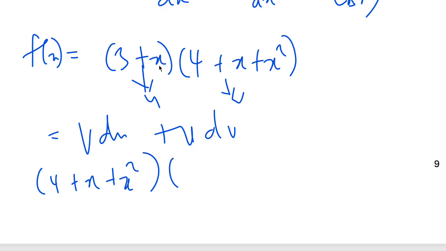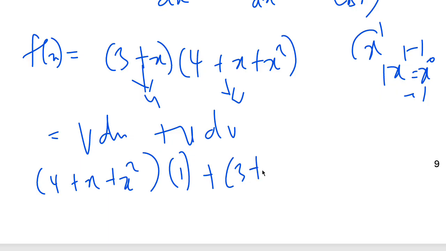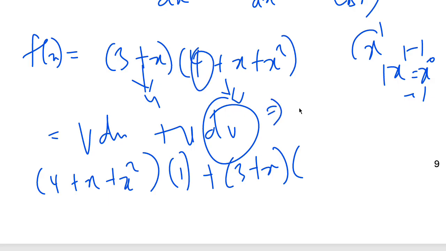And then differential of x is 1, because x to the power 1, the 1 comes down, it becomes 1x to the power 1 minus 1, that's x to 0, that's 1, right? Plus u, which is 3 plus x, times the derivative of v. If we differentiate 4 plus x squared, that's going to leave us with differential of 4 is 0, I've said it. Differential of x squared is 2x, right?